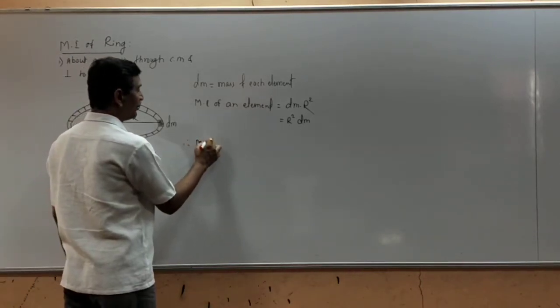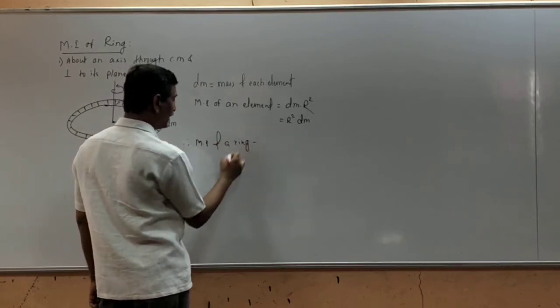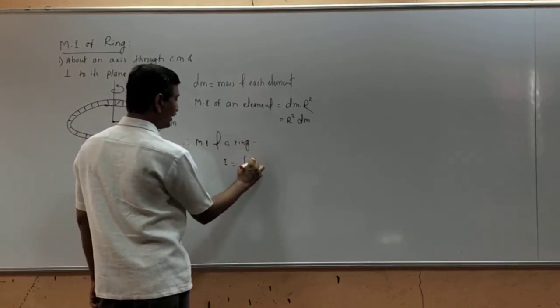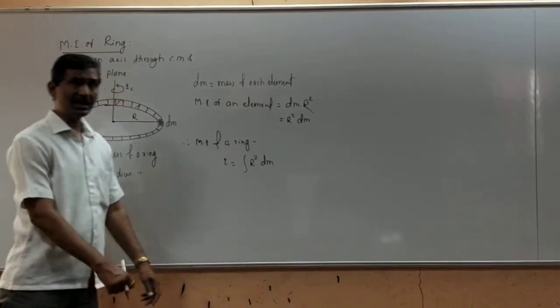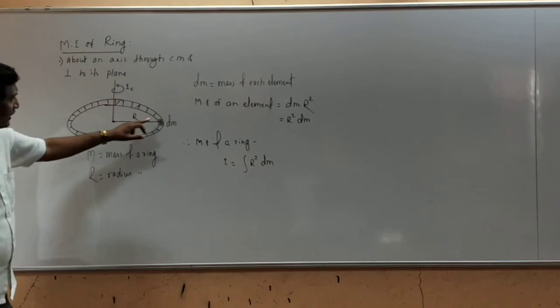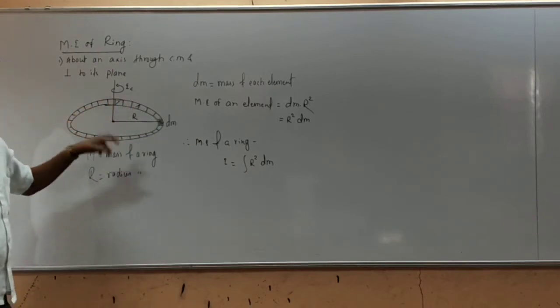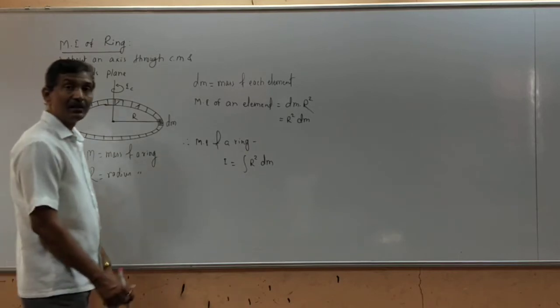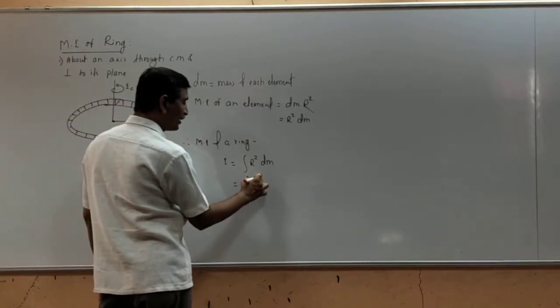The moment of inertia of a ring is obtained by integrating this equation, integration of r square into dm. If you consider any element, the distance of that element from the axis of rotation is fixed. That is why r square is constant.